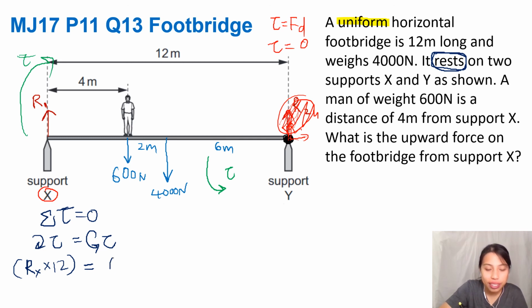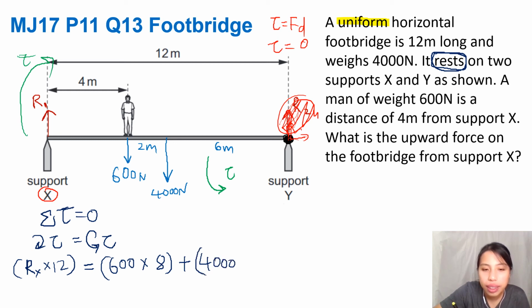Now only correct. 600 times 2 plus 4,000. No, not times 2. Okay, 8. That's right. 600 to the pivot is 8 plus 4,000. How far away is 4,000 from the pivot? 6 meters. So 6 meters.